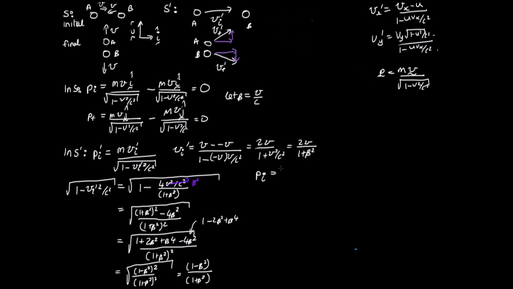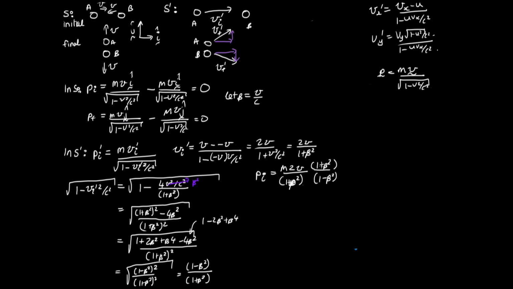So this is equal to M times V initial, which is 2V over 1 plus beta squared, and then we want to divide it by this thing. So when we divide by this thing, we can invert and multiply. So that's 1 plus beta squared over 1 minus beta squared.